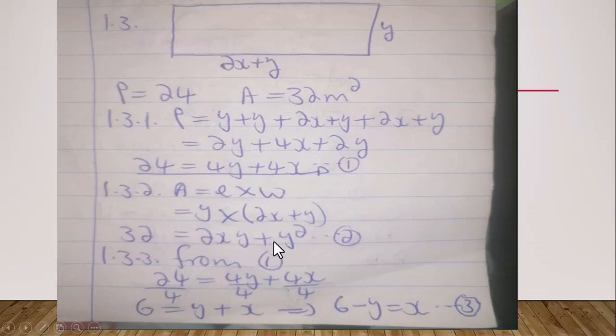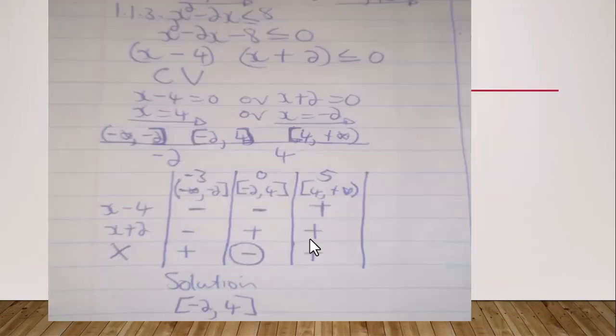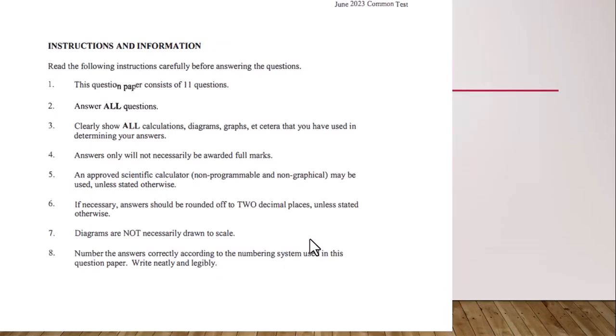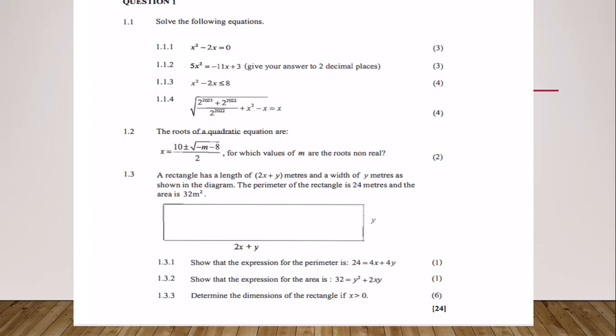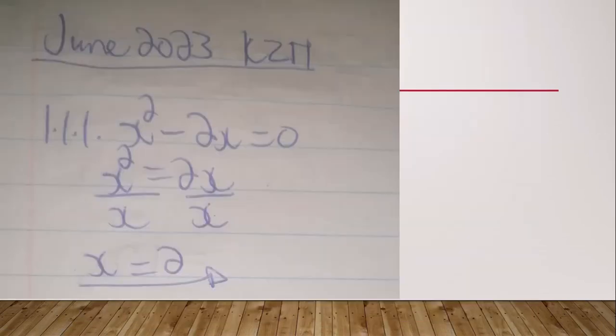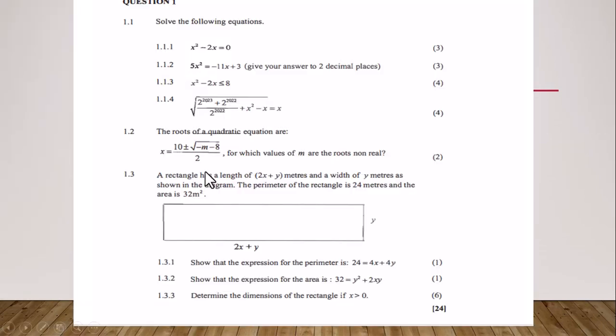You will have 2xy plus y squared. So that becomes 32 equals 2xy plus y squared, because the area was given as 32. And then you are fine, you have your 1 mark. And then there are a lot of marks for the last one, which is determine the dimensions of the rectangle if the value of x is positive.